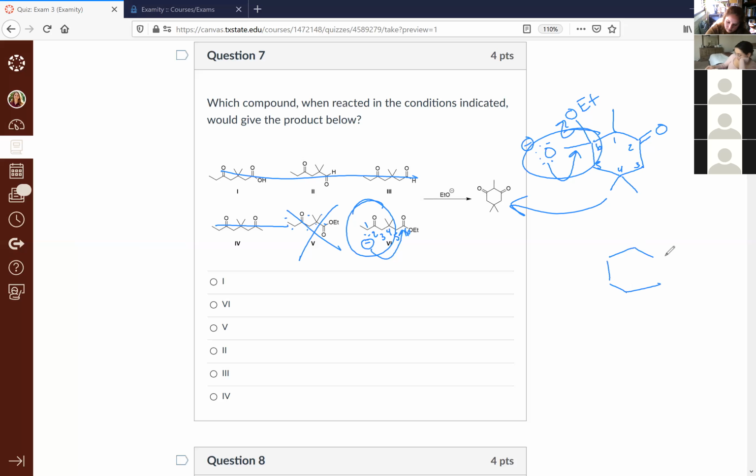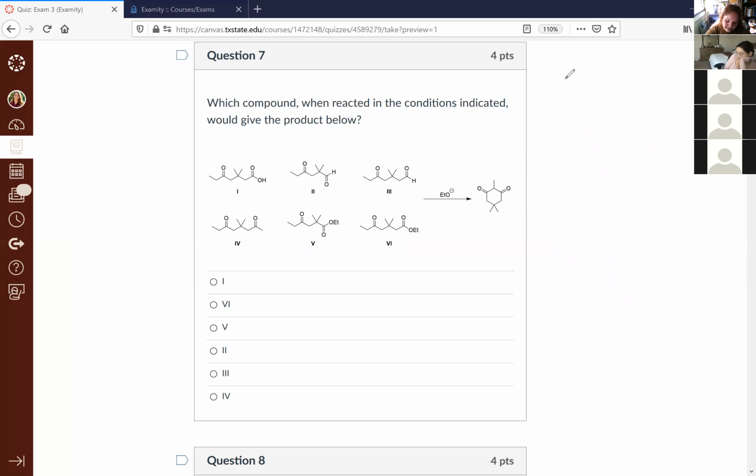Because if you draw out that product again, right now, the reason we were able to reform that double bond is because we had a leaving group. The other thing on this carbon in this structure is a hydrogen. You can't kick out hydride as a leaving group. Okay, that makes sense. Yeah, so there's no way to reform that double bond. Yes. Okay, thank you for explaining that. Yeah, no problem. Sometimes you just have to find the right words to explain something.